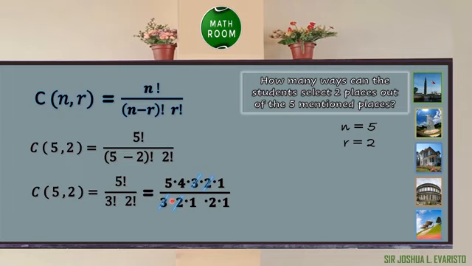Let's multiply the remaining factors. 5 times 4 times 1, we have 20, and 1 times 2 times 1 is equal to 2. Last step, 20 divided by 2 is equal to 10. Thus, we have 10 ways. Therefore, using the listing method and the formula for combinations, we can say that the students can select 10 different ways.